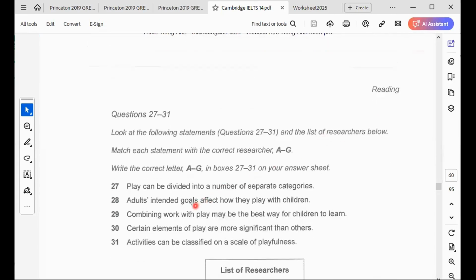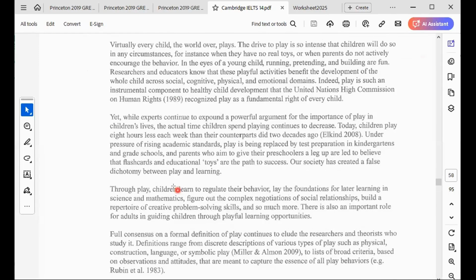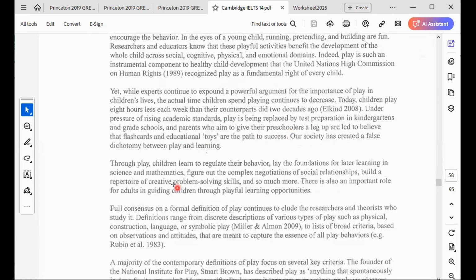There's nothing like that here. Let's go back to this passage. Under pressure of rising academic standards, play is being replaced by test preparation in kindergartens and grade schools, and parents who aim to give their preschooler a leg up are led to believe. Okay, let's go on. There is nothing there. Next paragraph.